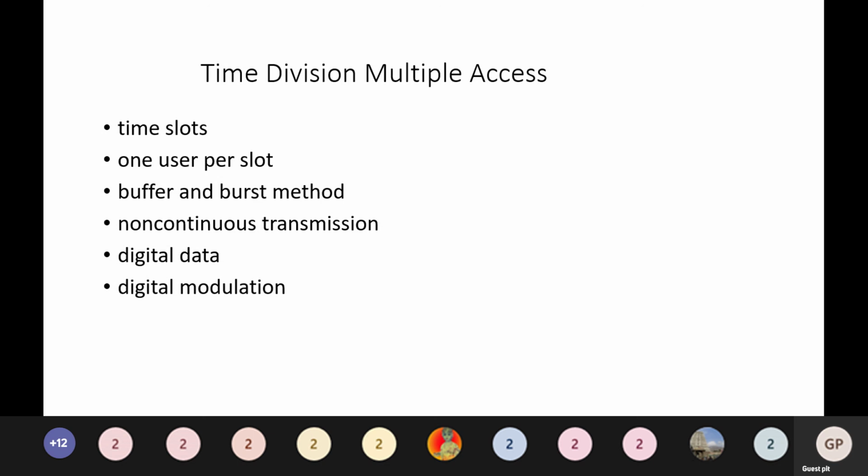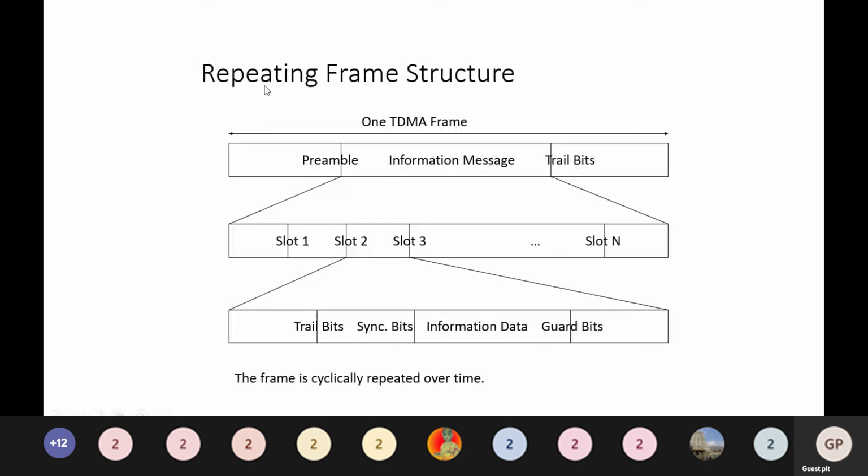Now the frame structure. You have the preamble, the information message, and the trail bits. This is one TDMA frame. Each information message will have different slots, slot 1, slot 2, and so on.